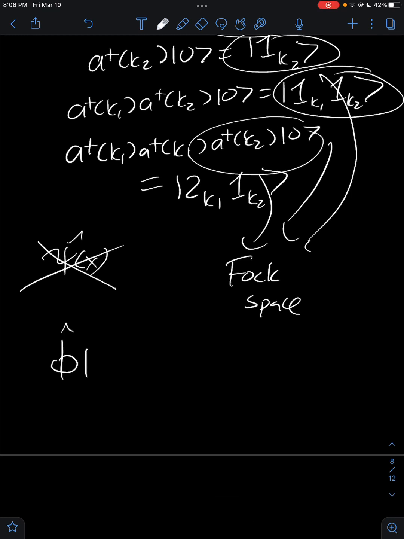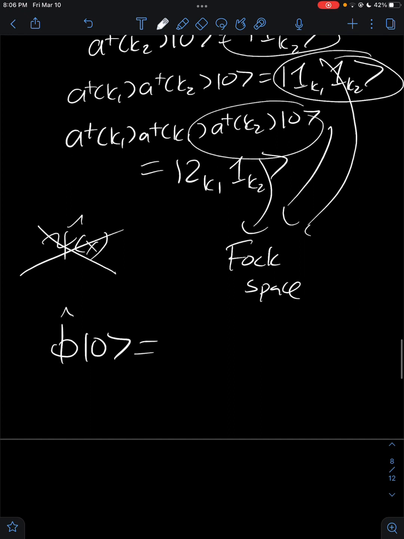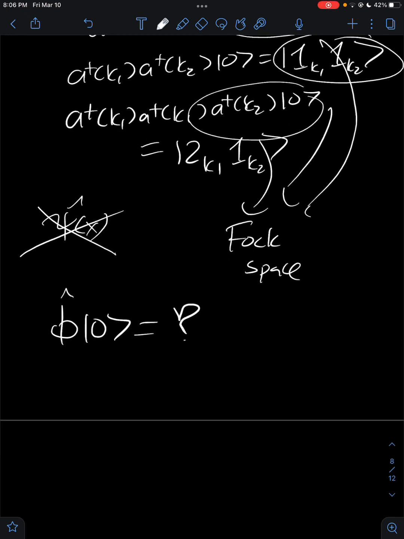It's going to act on the vacuum state, and it's going to give us a kind of weird state. The state that it gives us is kind of like a position eigenstate, but it isn't exactly one. But we kind of call it one. I explain it more in my propagator video, but it's kind of like a position eigenstate, at least for large distances.